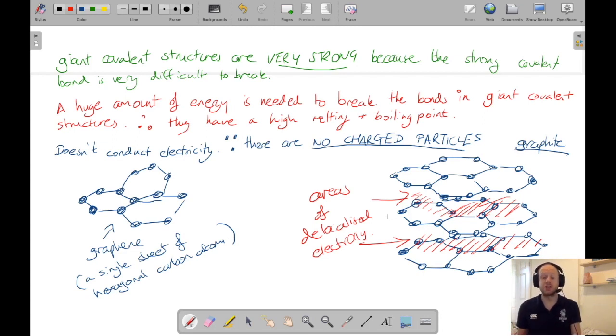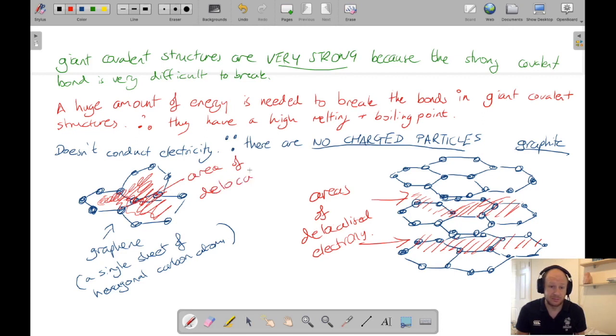Electrons are negatively charged, and because they're delocalized, they're free to move. So that means that we can conduct electricity only in these areas. For graphene, the electrons can do that because there's an area of delocalized electrons all over its surface like this. So in these areas of delocalized electrons, we can get electricity to pass through them.